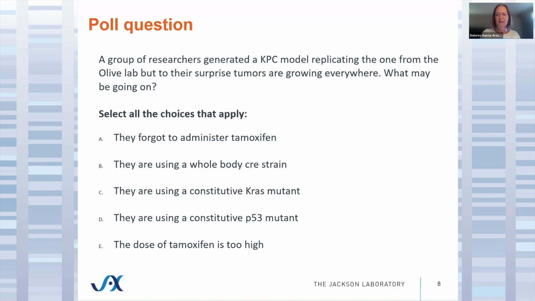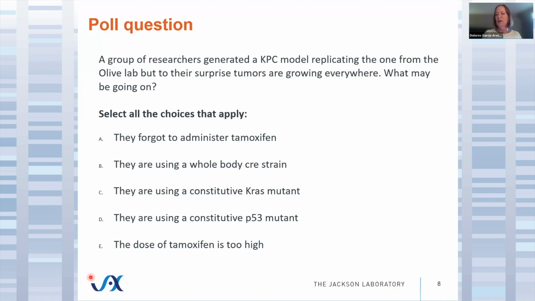So let's close the poll and see the results. Good job. A lot of you said that they may be using a whole body Cre. That was not the case though. The tamoxifen answers really in this case do not apply, because if you were paying attention, the PDX1 Cre that the Olive Lab used was not tamoxifen inducible.